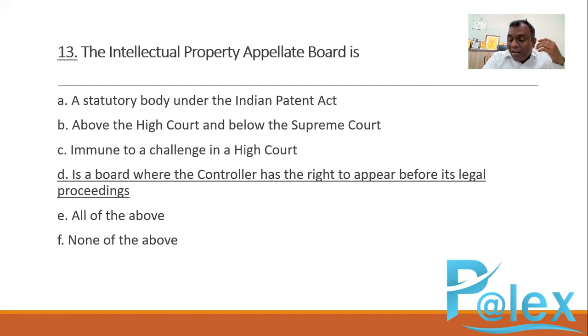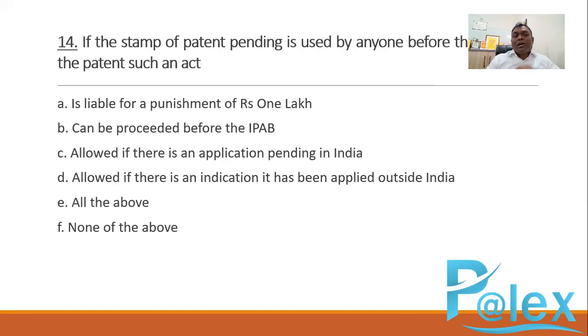The reason being IPAB was not only about patents, but also had other types of IP which would be appealable to that IPAB, right? So A is a wrong option. B, above the High Court and below the Supreme Court, is also a wrong option. Immune to challenge in High Court is also a wrong option. The correct answer here is a board where the controller has the right to appear before its legal proceedings. The controller can appear there. This is as per section 117.